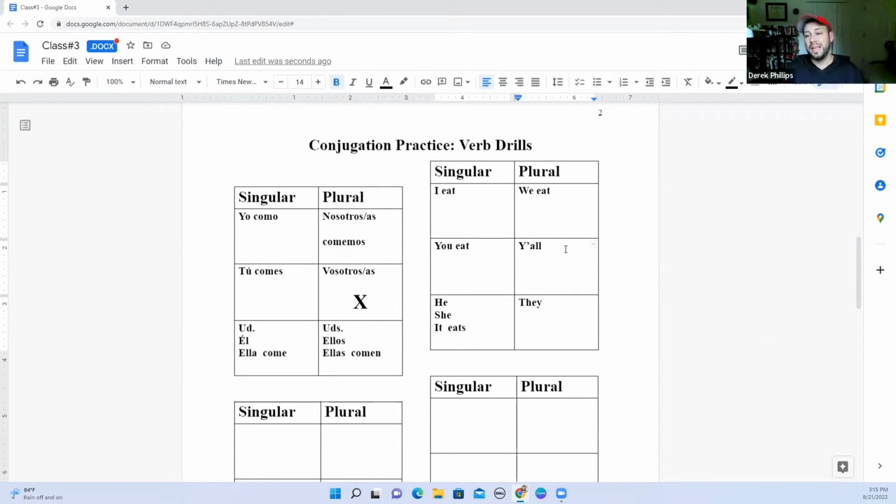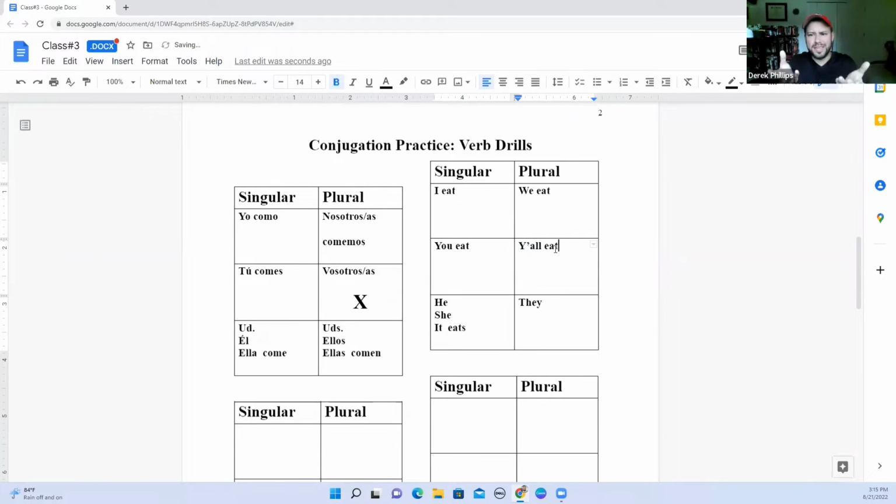I said that in English, there is no direct translation for vosotros or vosotras, but I am from Atlanta, and here in the South of the United States, we have a word, y'all. Y'all. It's a friendly way to refer to a group of people. Y'all eat hamburgers.